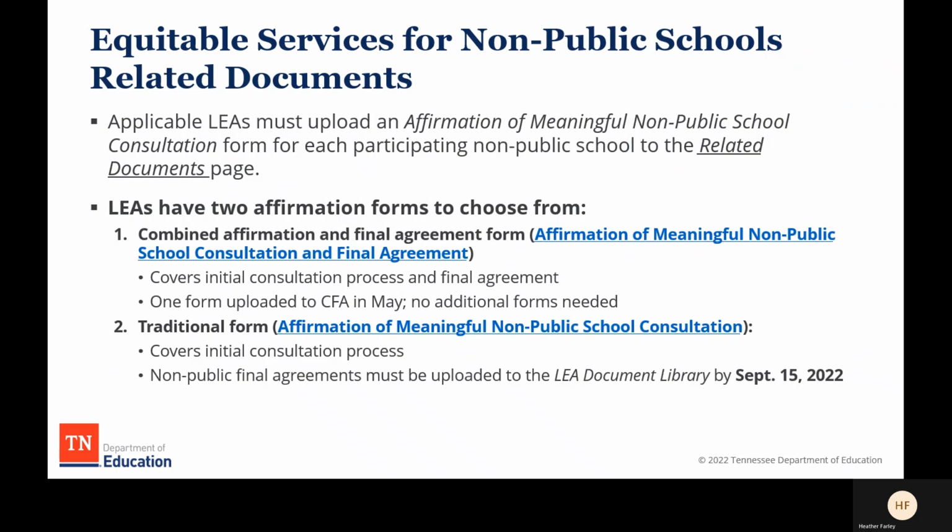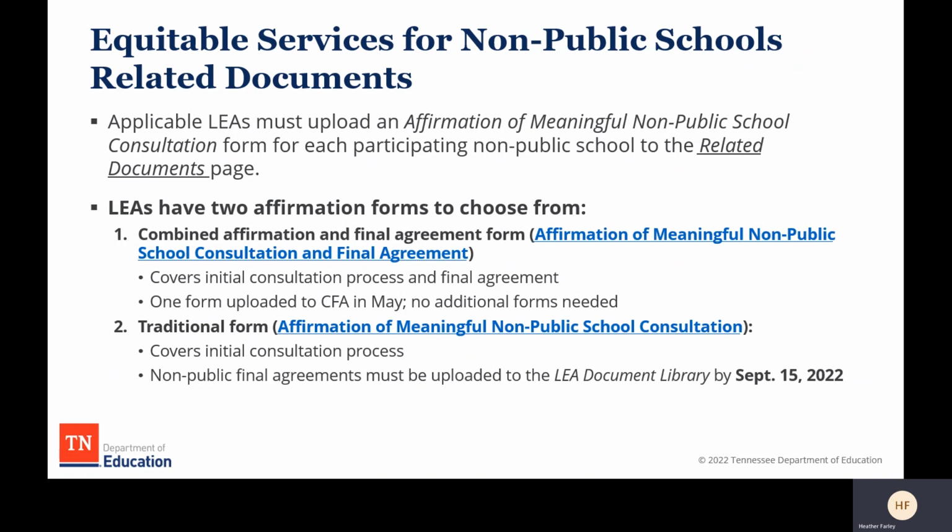And you have two different options for those non-public schools. You can either, A, when you submit the CFA, upload the affirmation of meaningful non-public school consultation and final agreement, if you have that, or you can just do the affirmation of meaningful non-public consultation as well.